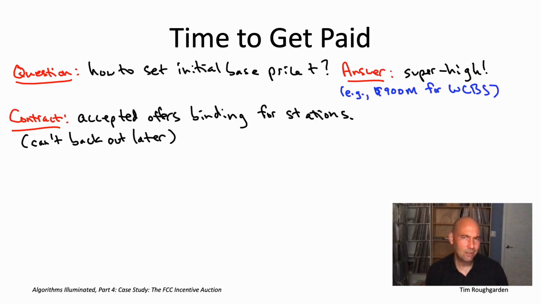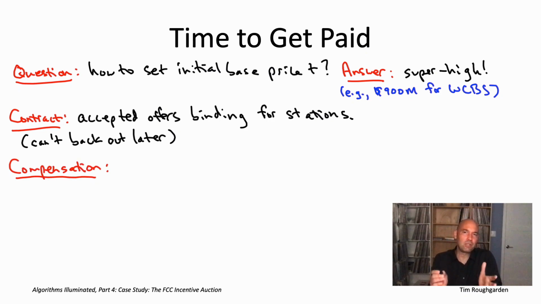And I say this because now you realize what the compensation is going to be, right? So the government, yes, its primary purpose of this auction was to clear a whole bunch of spectrum, but subject to succeeding in clearing a whole bunch of spectrum, the government wanted to pay as little as possible. And so it's just going to pay each of the stations going off the air the minimum compensation it can get away with, the minimum compensation that station is contractually obligated to accept.